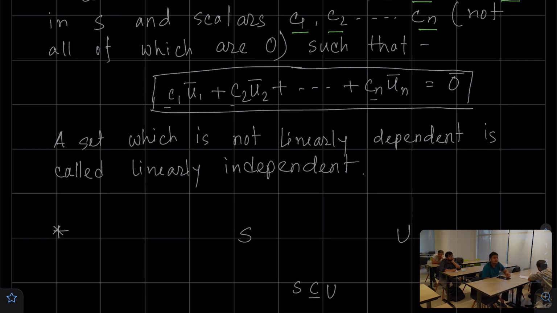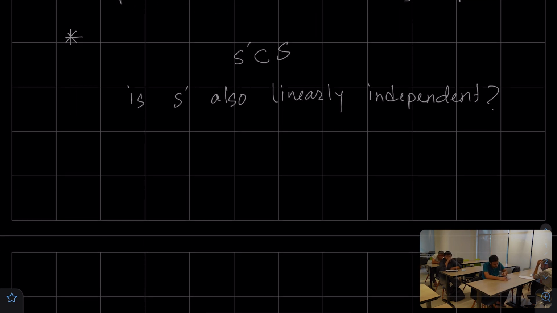Then what is the definition of linear independence? What is the condition on this summation? If I set this summation equal to 0, then what will be the condition for linear independence? C1, C2, all have to be 0. Yeah, C1, C2, all have to be 0.